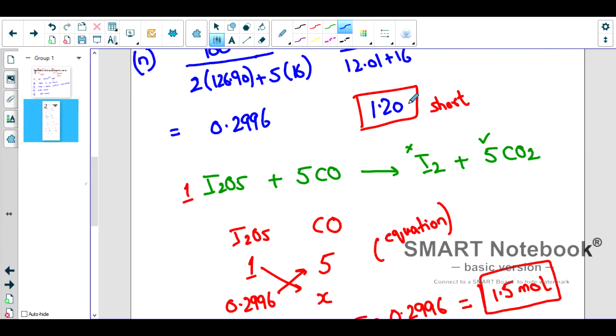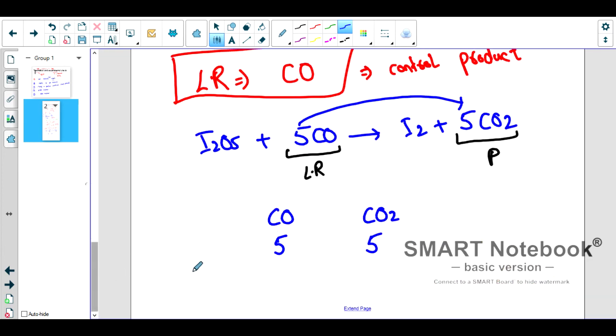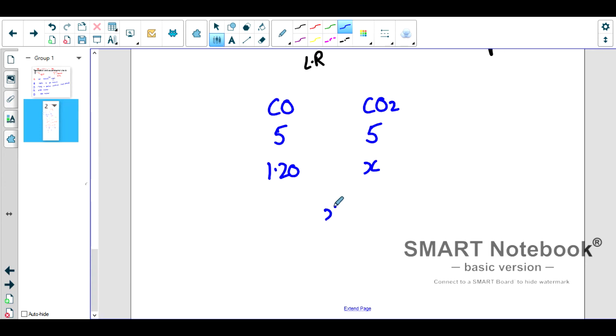We have 1.20 moles. So 1.20 will give you how much? It gives you X. So this will be the same, 1.20 moles.